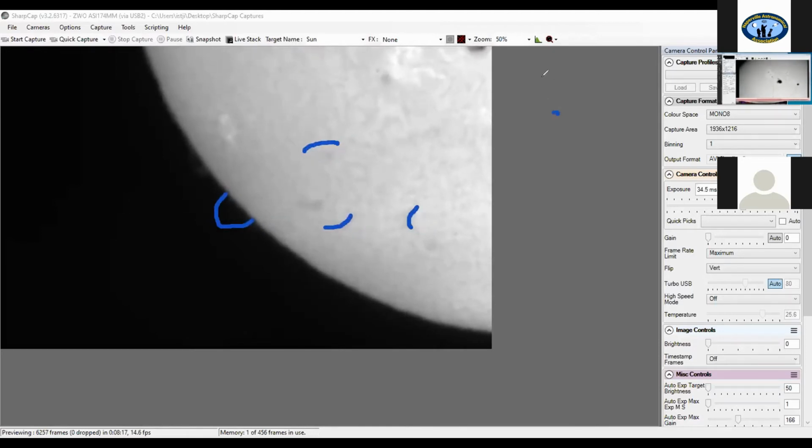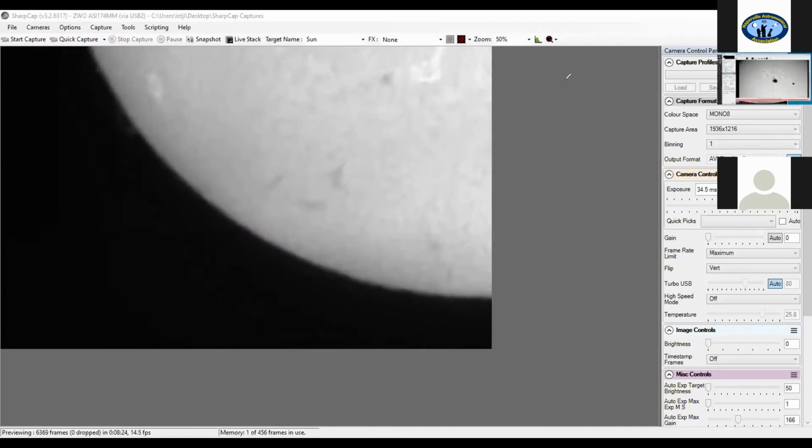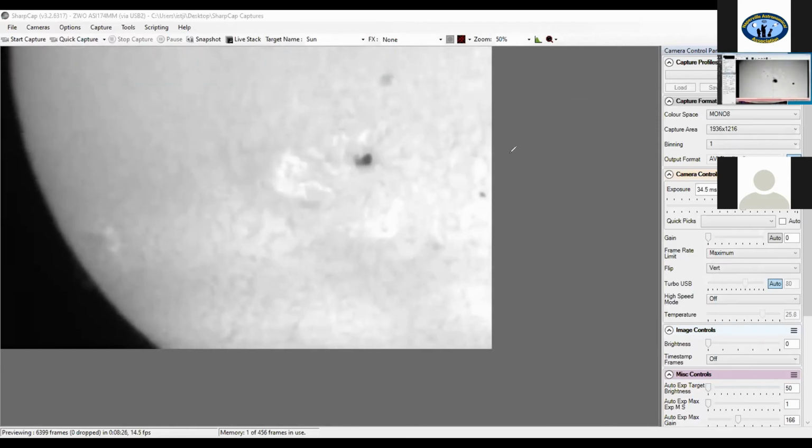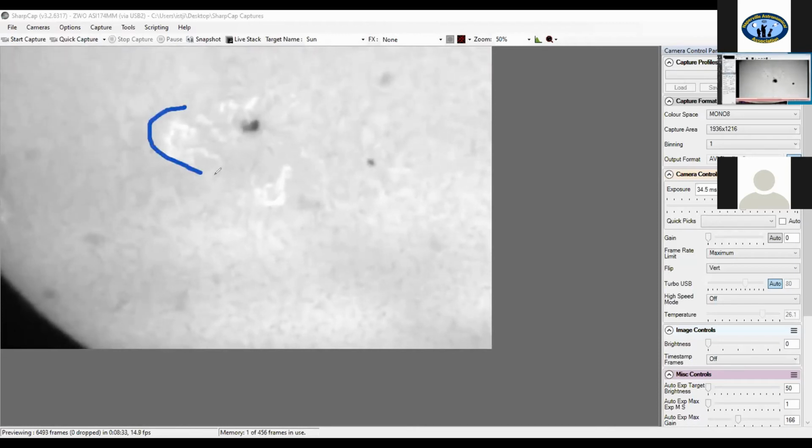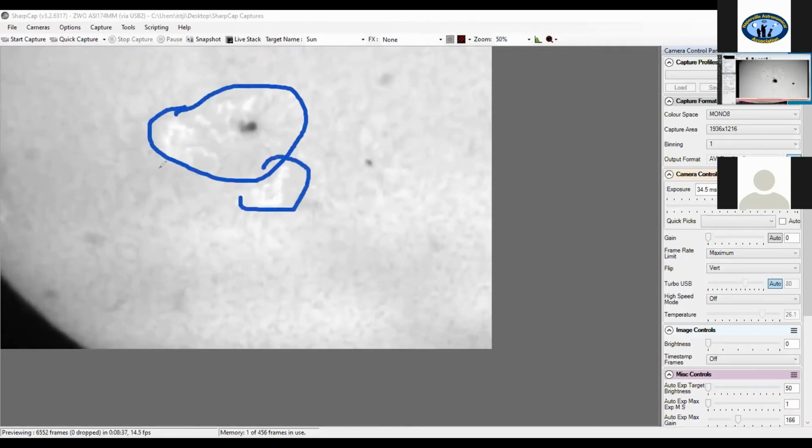Then I'm going to move the telescope over a little bit, and here we see these sunspots that we were seeing earlier. We're a little more zoomed in, and you can see all this other activity happening around it down here too. I do see one sunspot there, but in the view I'm in, I'm still not going to see all the sunspots that I think Frank is going to see from his view.